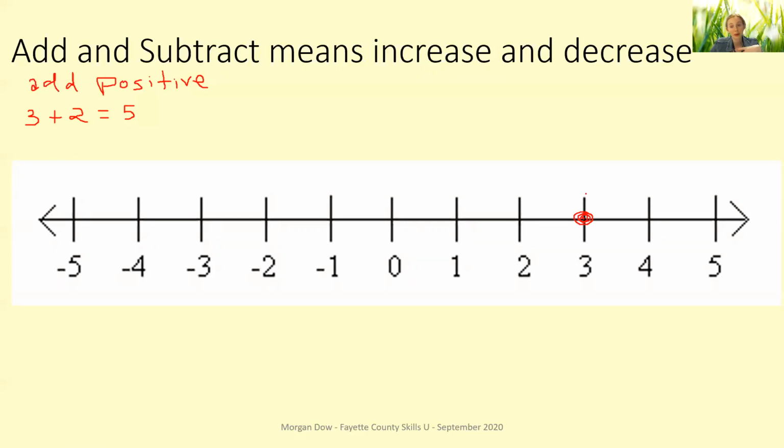We're going to go up. We're going to increase by 2. So 1, 2, and we land on 5. 5 is the result. So adding a positive number tells us that we should increase that many spaces. We should travel to the right on our number line by that many spaces. Adding a positive number means increase, means travel to the right.